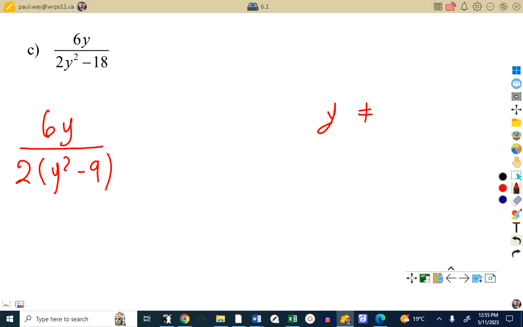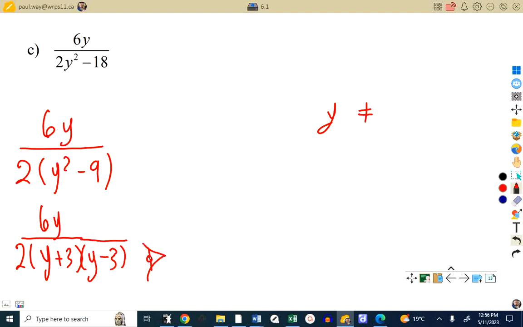Oh, y squared minus 9 is a difference of squares. It factors into y plus 3, y minus 3. And now we simply inspect, this is your eyeball, we simply inspect the denominator and say, are there values for the variable that will make any of the factors 0?